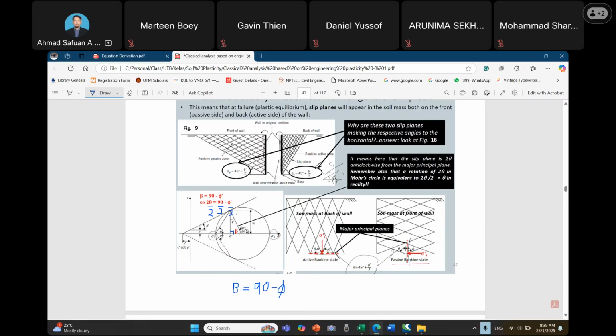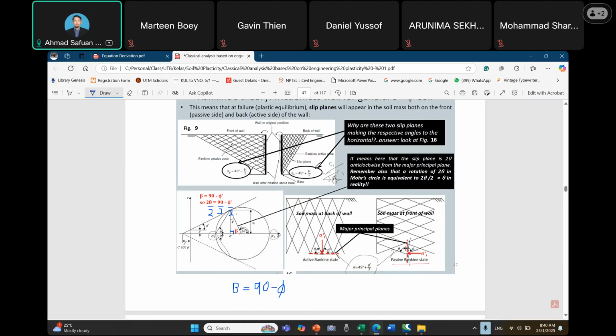So for the active, 45 plus phi over 2, and for the passive, 45 minus phi over 2.